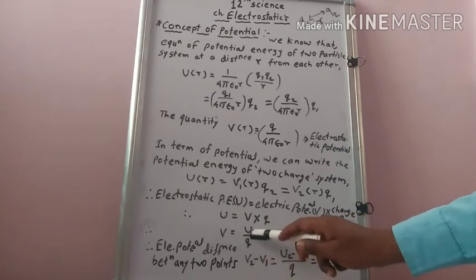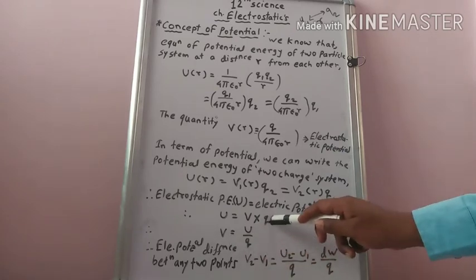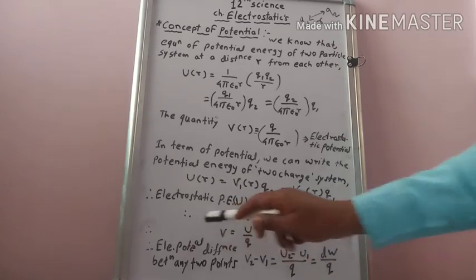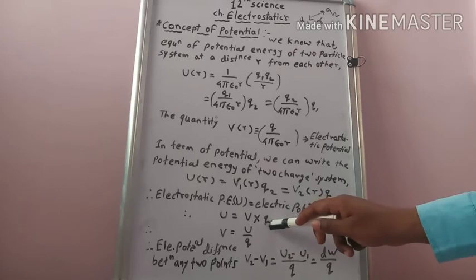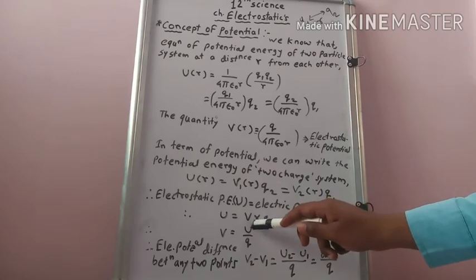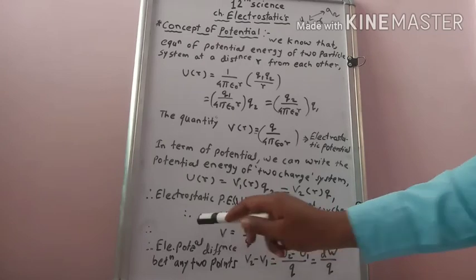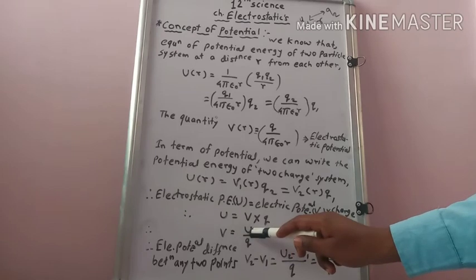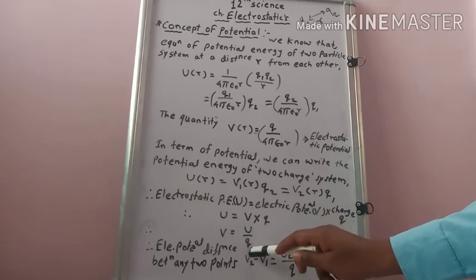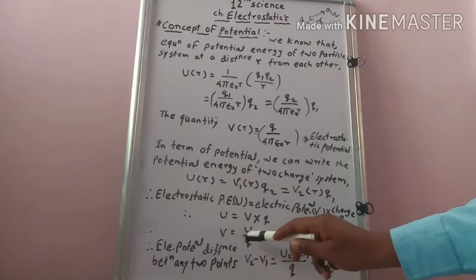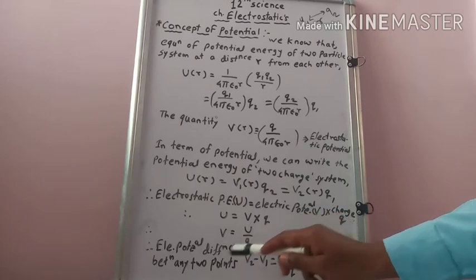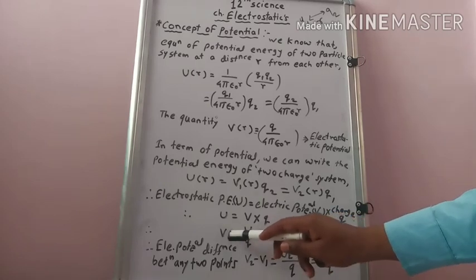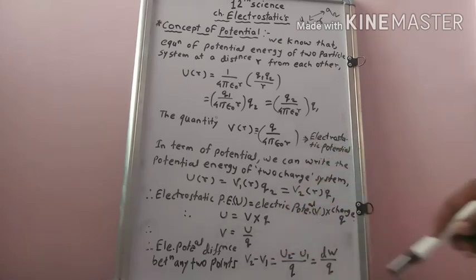Therefore V is equal to U upon Q. Here Q is multiplied by V, so Q goes to the denominator on the side of U. Therefore we can write V is equal to U upon Q. This is the potential, the electrostatic potential.